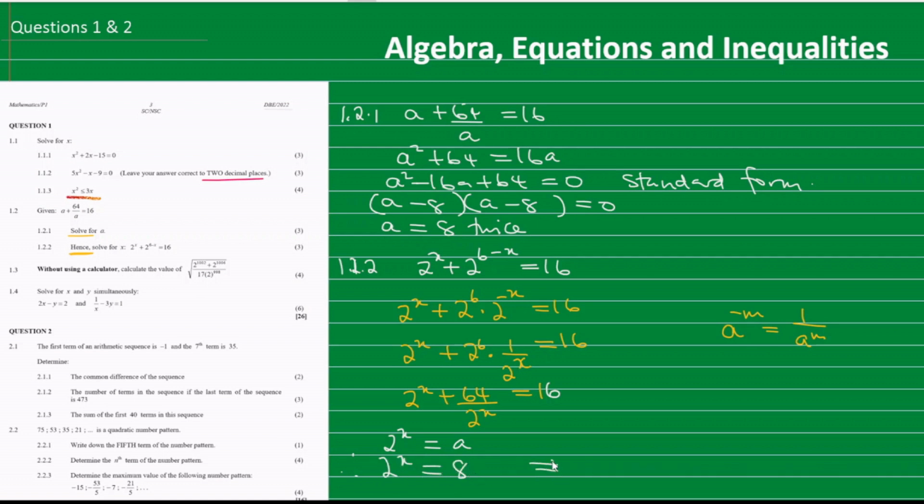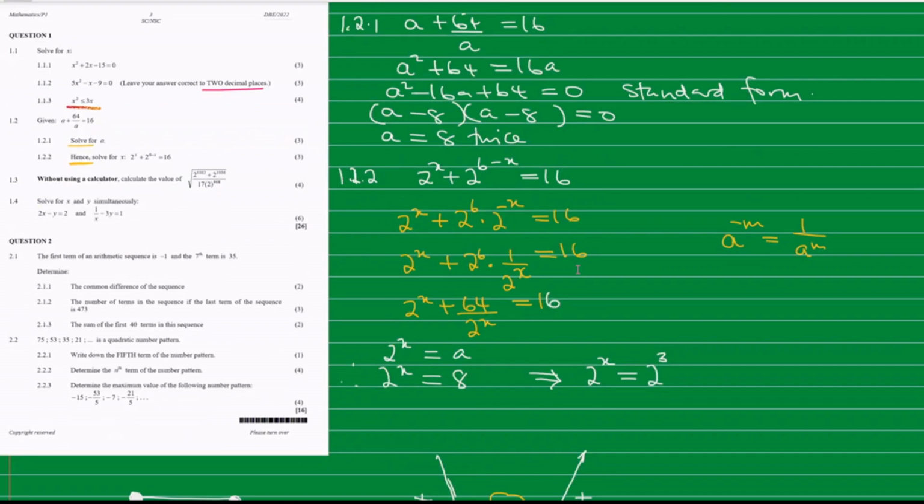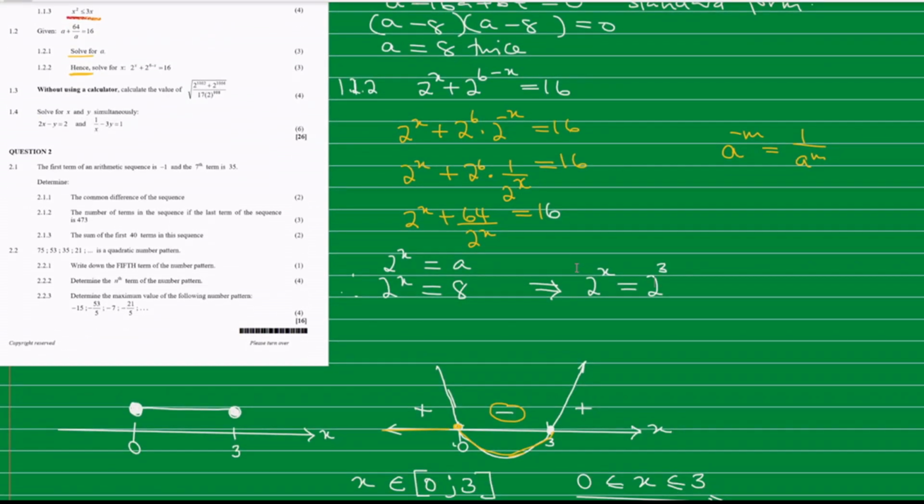Solving this one gives us 2 to the power x is equal to 2 to the power 3, and that will eventually give us the value. The bases are the same in this case, so therefore our x will be equal to 3. Okay, so that solves question 1.2.